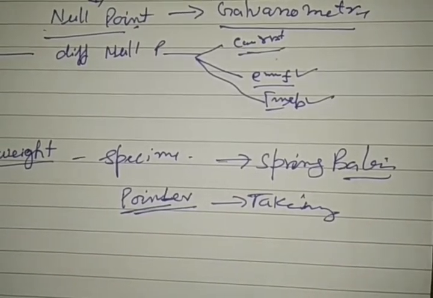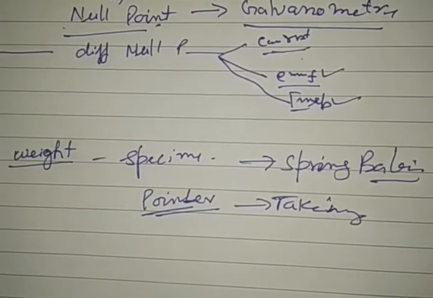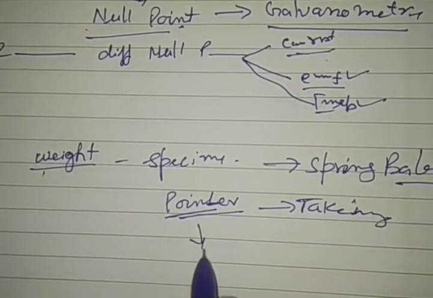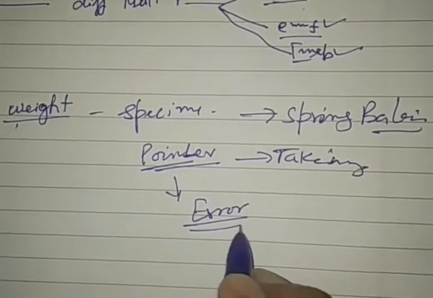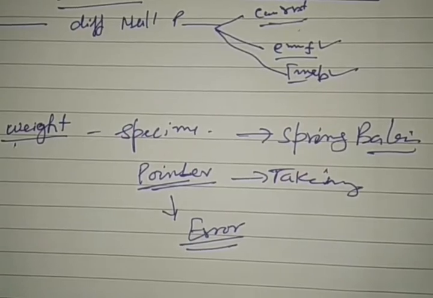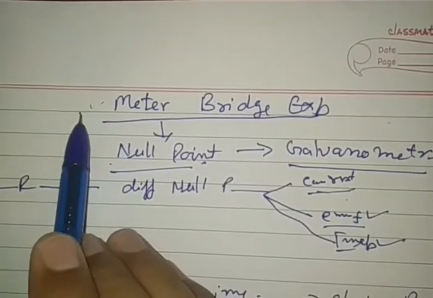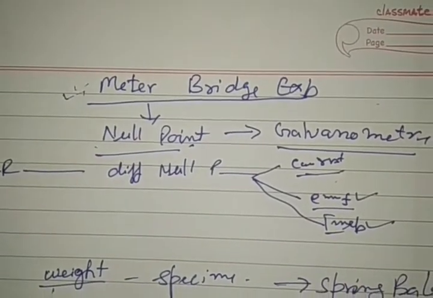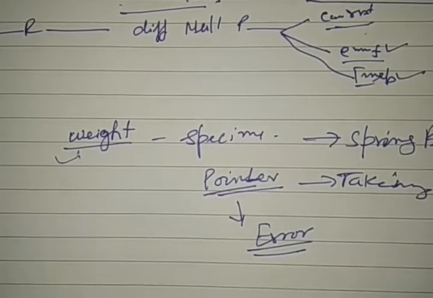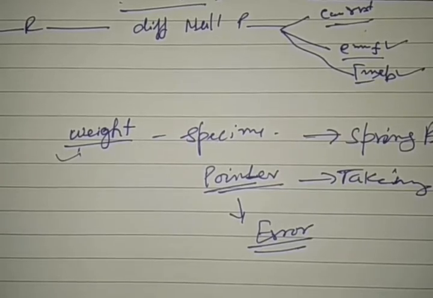Sometimes we are in confusion whether the pointer is marking before this line or after this line. In that condition there is a possibility of error. So random error is due to two reasons: one, a small change in conditions, for which we gave the example of the meter bridge experiment, and second, incorrect judgment while taking measurements in the experiment.